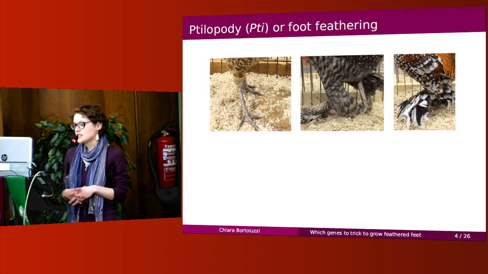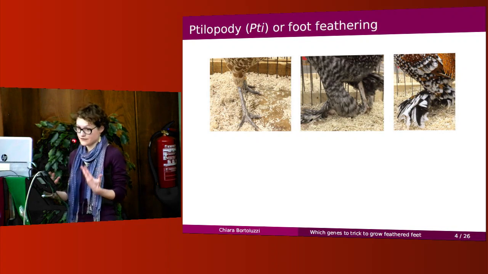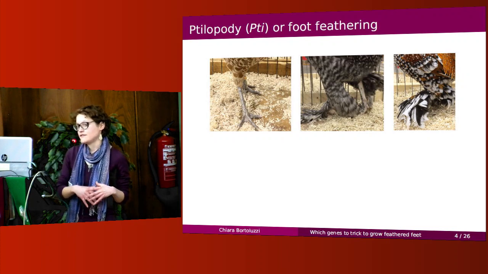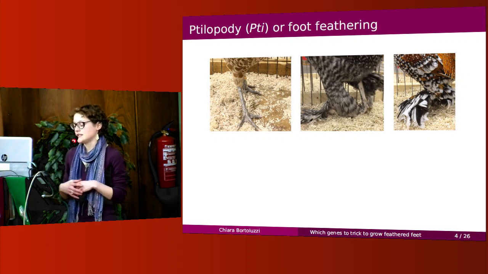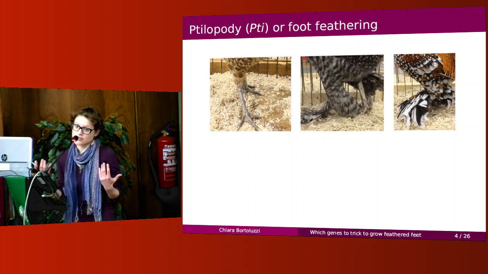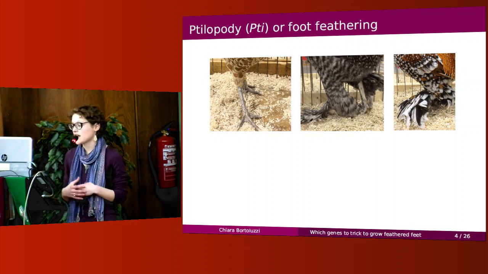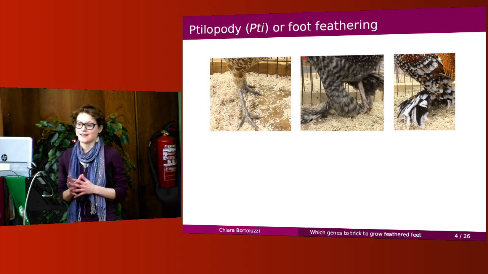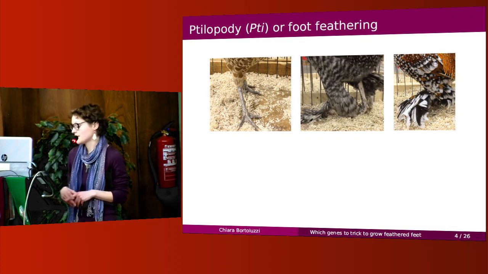Although sometimes you see breeds that have development of feathers on their feet, which of course can be very different, and the type and extension of the feathers can also vary a lot. In extreme cases, you have a leg that looks almost like a wing.